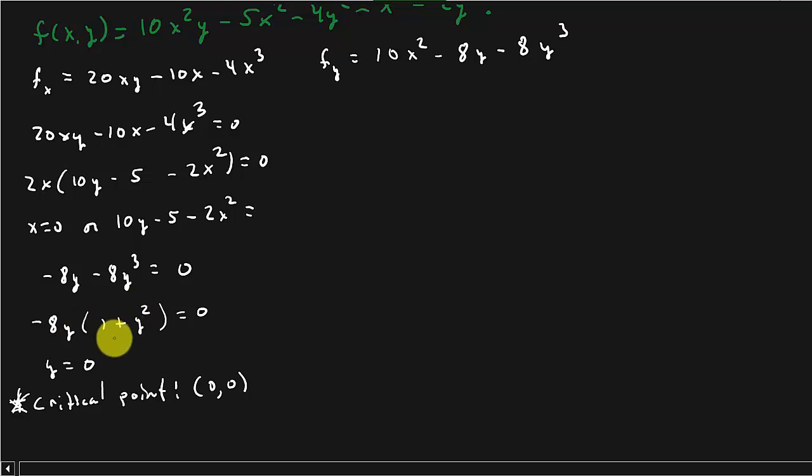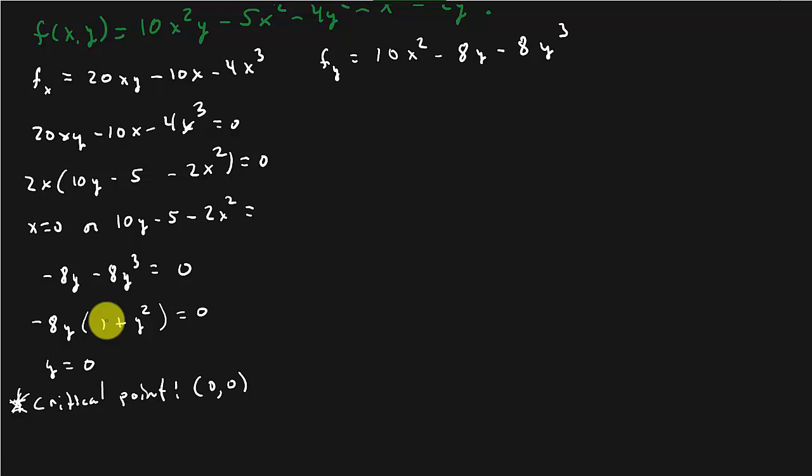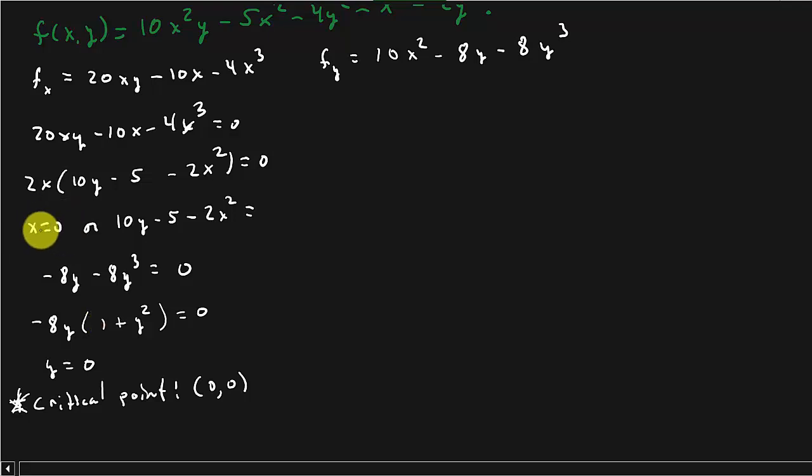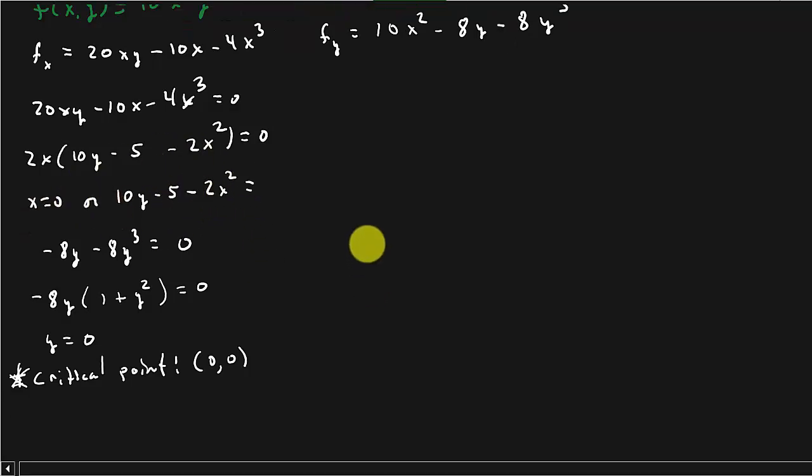This part right here, this 1 plus y squared, will never be 0. So that takes care of where x is equal to 0. Now let's look at this one.